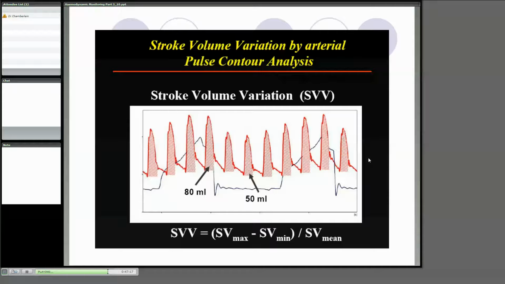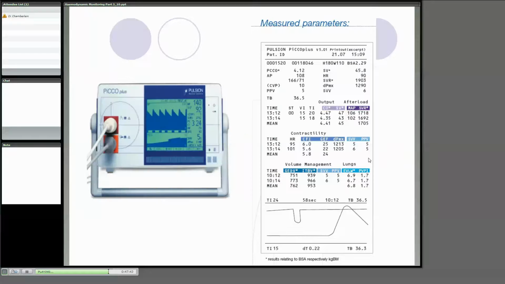Then we have the PiCCO. PiCCO is a lot cheaper to use than the pulmonary artery catheter that does continuous cardiac output. You can see it works this out by using the stroke volume, 80 mils, 50 mils, and converts that to a cardiac output with a calibration technique and some thermodilution.